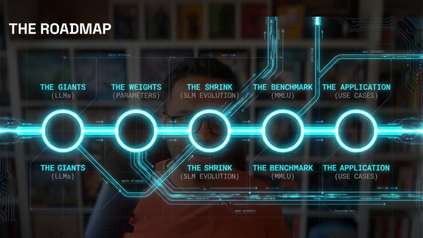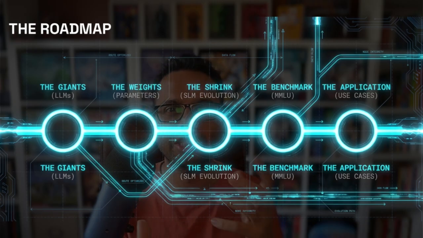So if I look at a roadmap now, what happened? We started with large language models, and a lot of large language models came up, but they did not come into the public before November 2022. So let's say GPT-3, which was, I think, trained on around 175 billion parameters.